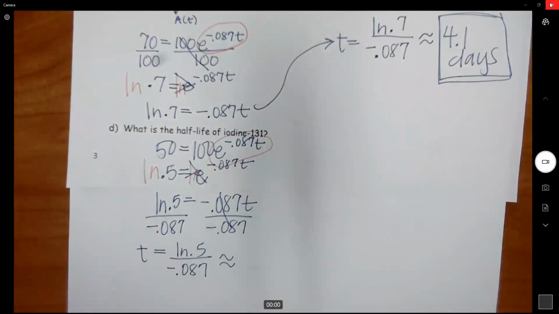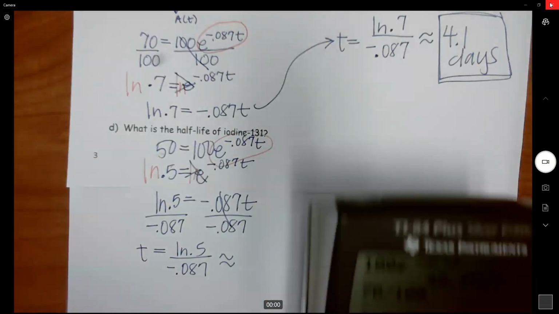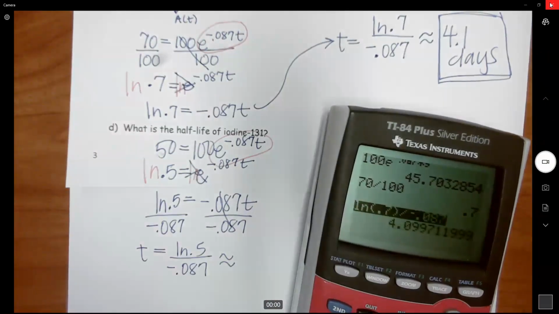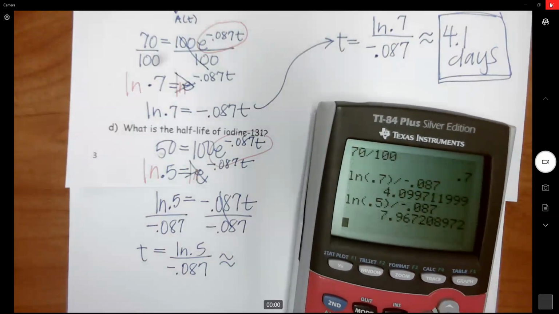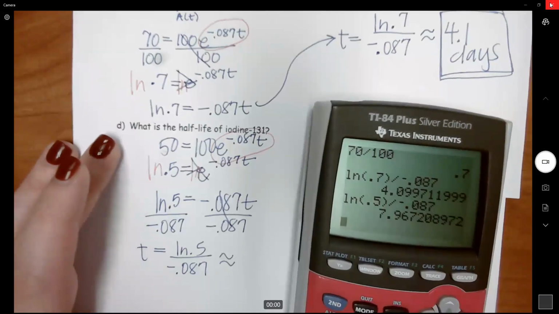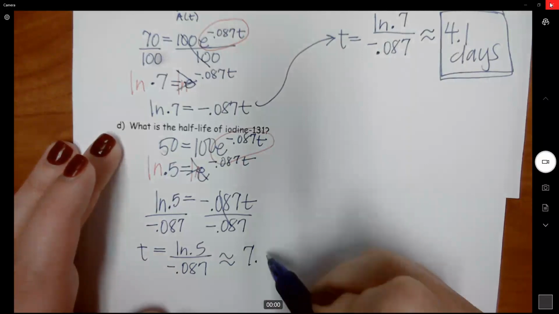So it should take longer than 4.1, because at 4.1 we had 70 left. So it's going to take about 7.97. So really close to 8 days.